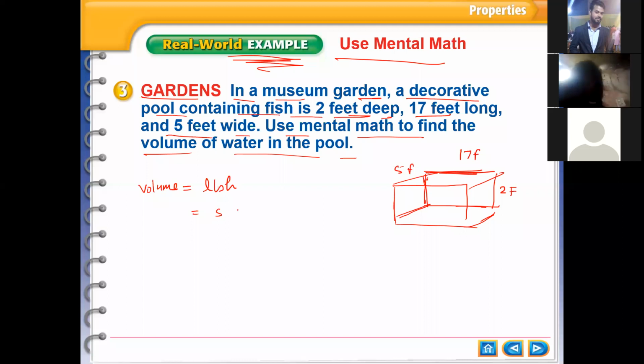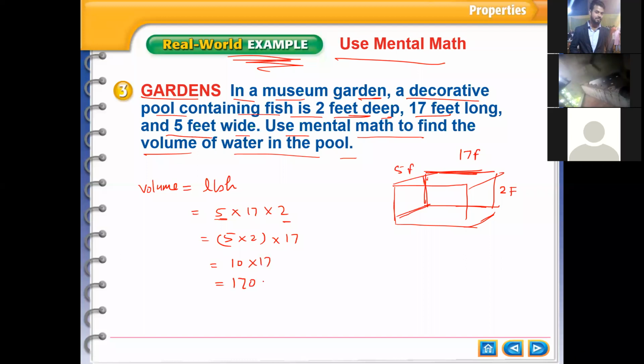So 5 into 17 into 2, which means you first multiply 5 with 2, because 5 2s are 10. Okay, then you multiply it with 17. So 170 feet cube. This is the answer.